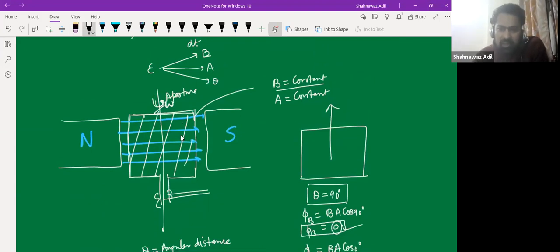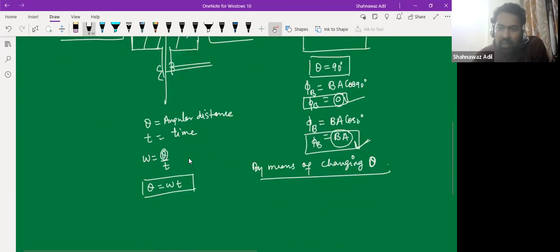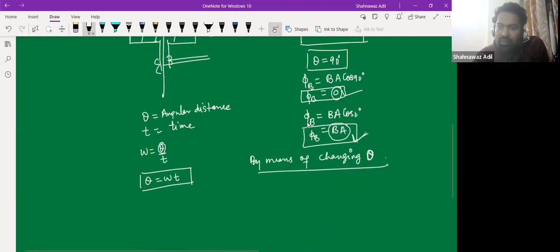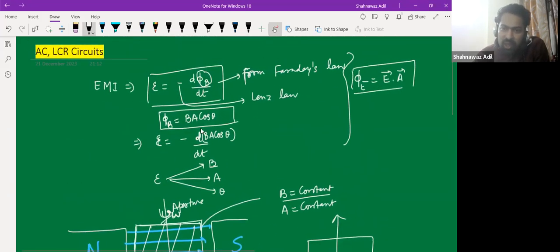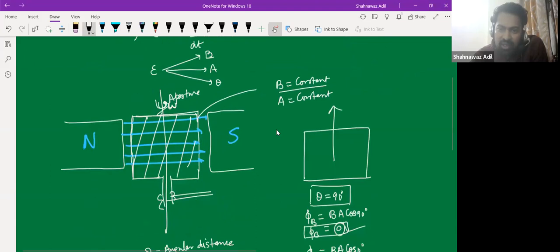So you are rotating this aperture, and then you are getting a change in magnetic flux. So you are changing the magnetic field. Subsequently, you can change your flux, so you can get your EMF. So that is the whole idea of this AC generator.